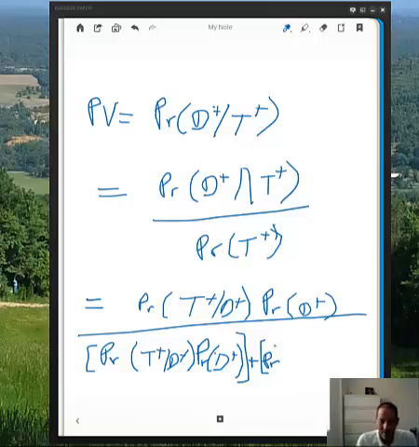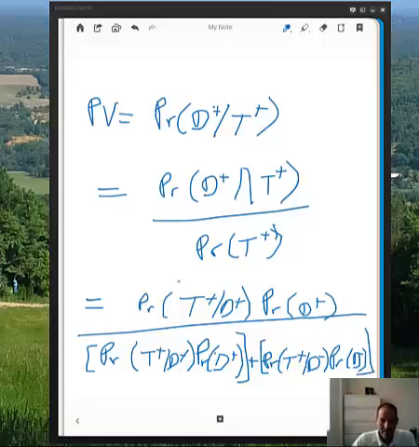So we talked about that before when we did the example of the total probability in class. So here would be the probability of a false positive result. So D minus, sounds like a bad grade, times probability of D minus. Okay? Alright, so that's what we have here.